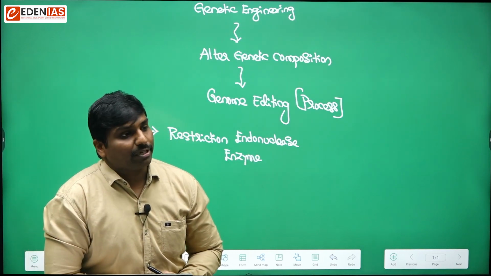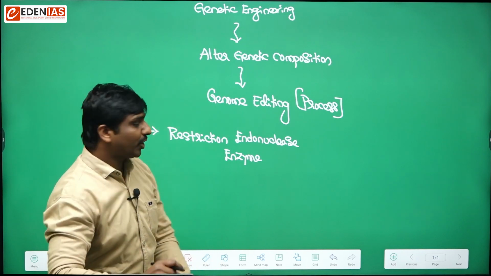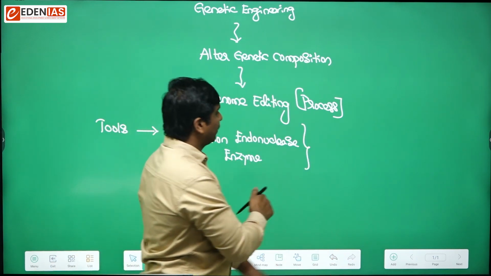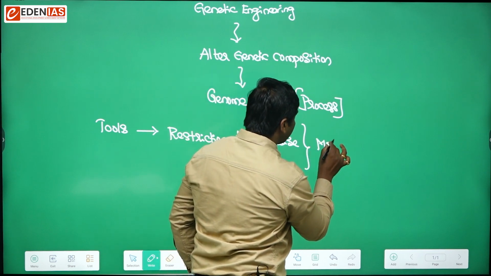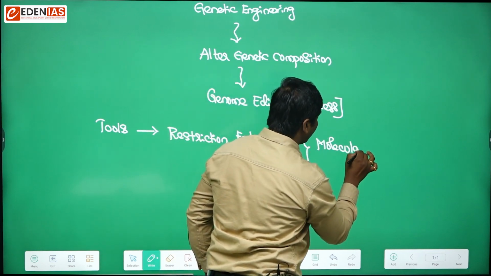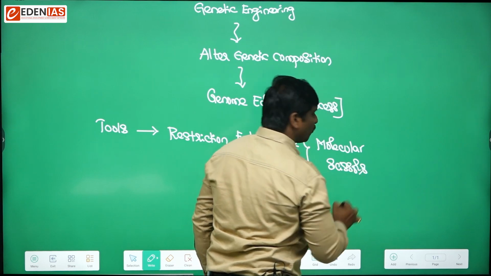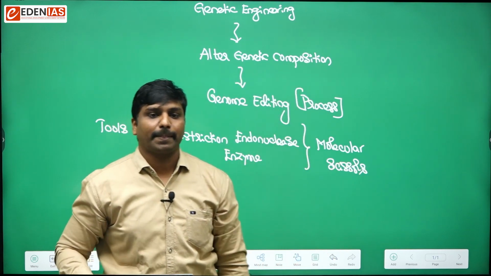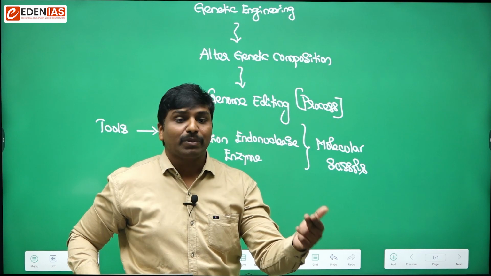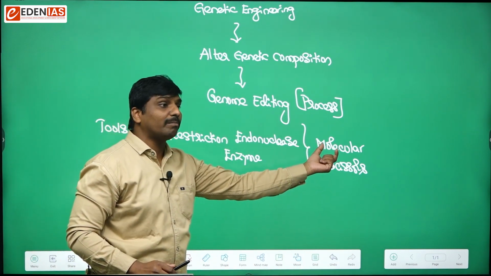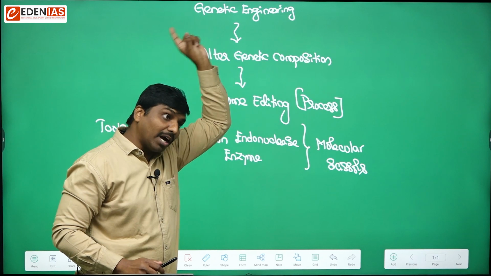The restriction endonuclease enzyme is also generally known as molecular scissors. With scissors, what do you generally do? We cut something. We use the word molecular because we are working at the molecule level.